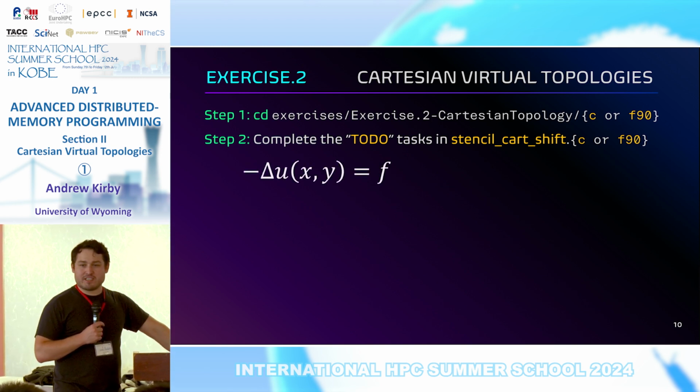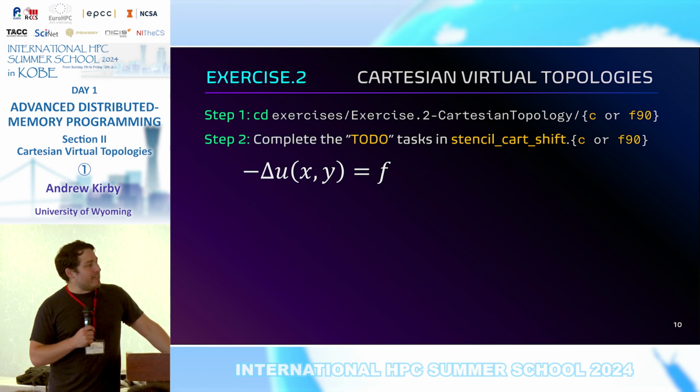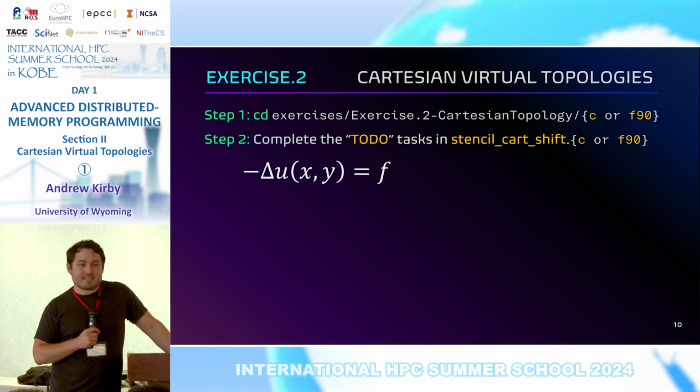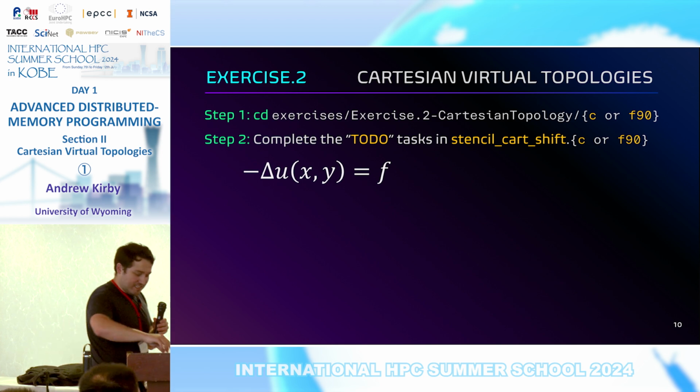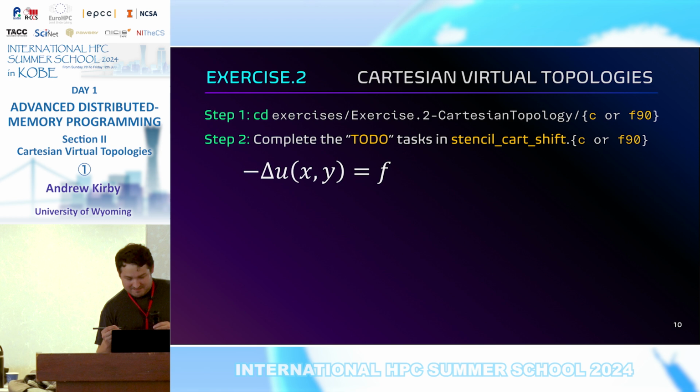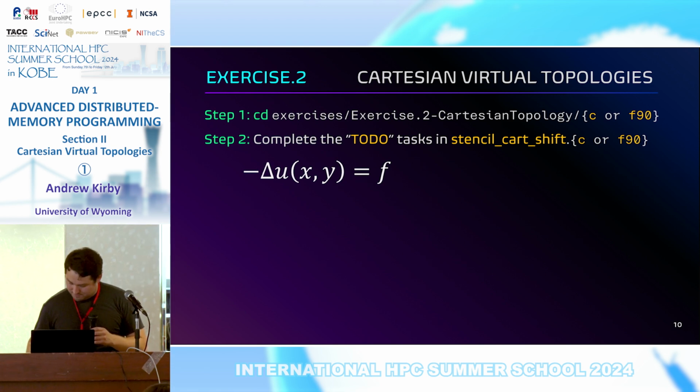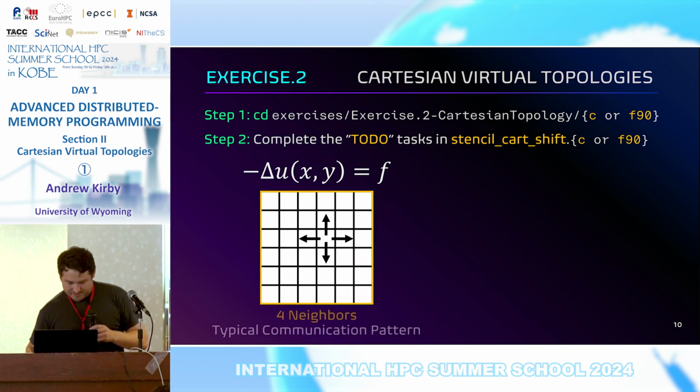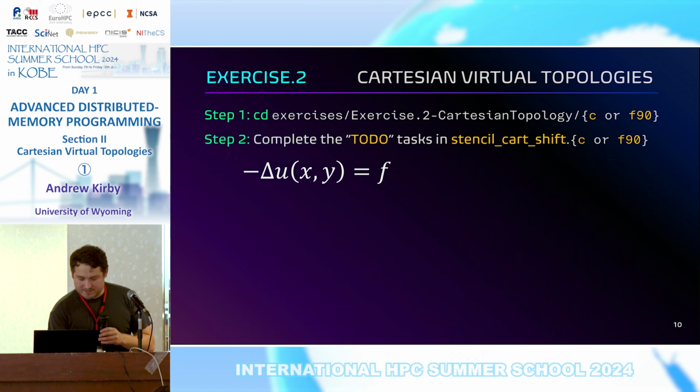Here's the problem, Poisson's equation. Bring you back to your good old PDEs, right? So we have nabla. Let's actually do some math, right? Sorry, I have not taught math in a hot minute.